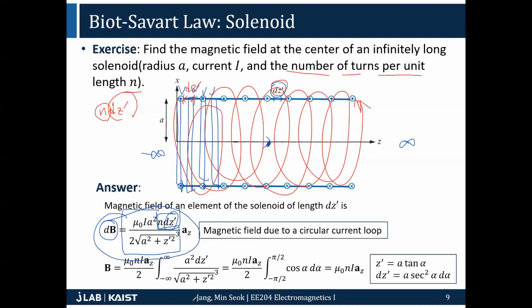If you do that, you obtain an extremely simple solution, mu 0 n I along the z direction. In the final integration, a trigonometric change of variable was applied. And as I always said, this is not an important part.